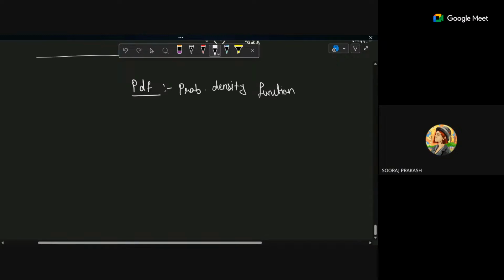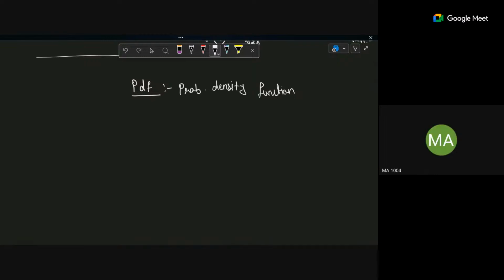Whenever we say it's a continuous random variable, the values are dense. So we have to integrate. We couldn't count each one by one, so we have to integrate, sum it up.